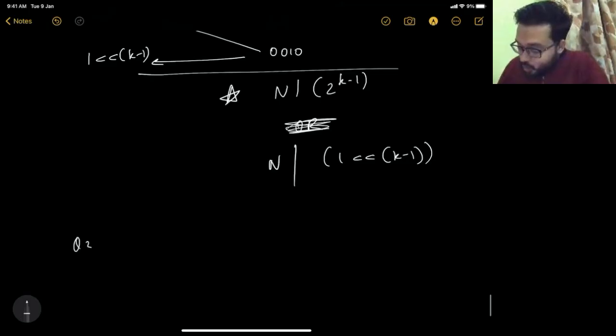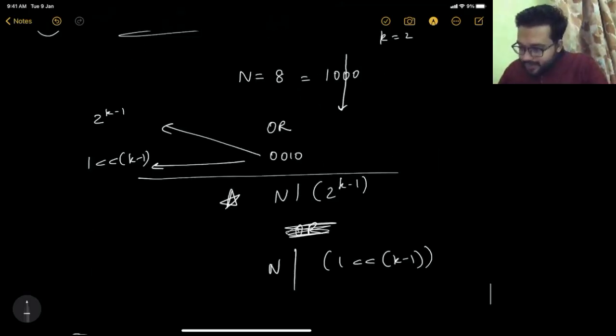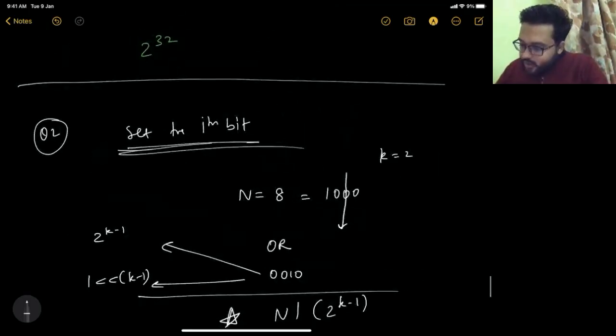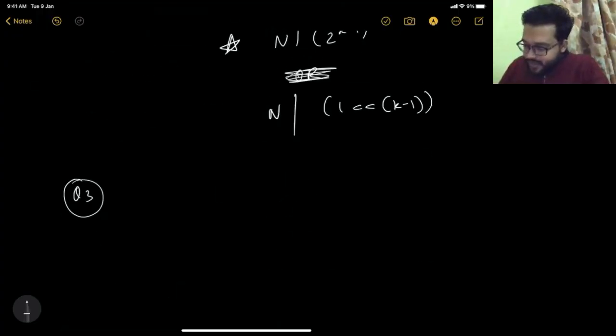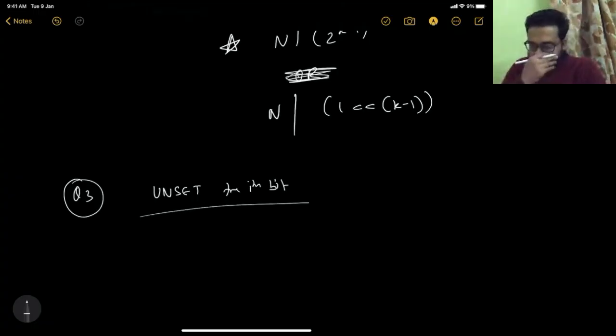If your number was 10, which means 1010, and somebody says I want to unset the second bit from the left, your number should now become 8. So this is a question for homework. How do you unset the kth bit from the right? Can I give you that as homework? I hope you guys can solve that.